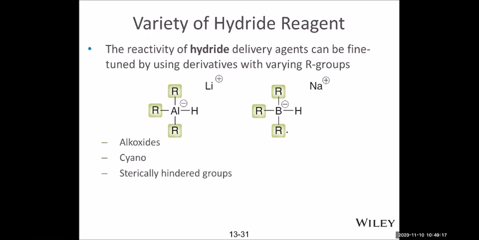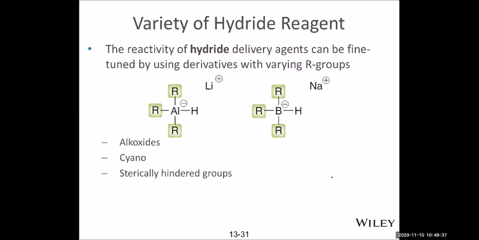And so there are some varieties of hydride agents, based on how we want the hydride agent to react, to be more selective. It basically makes them less like hydride.